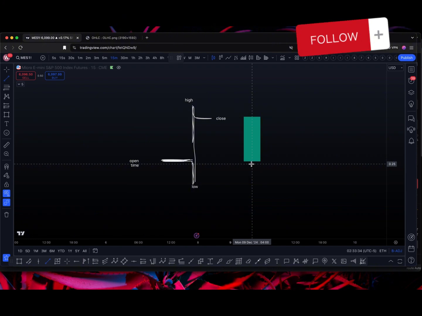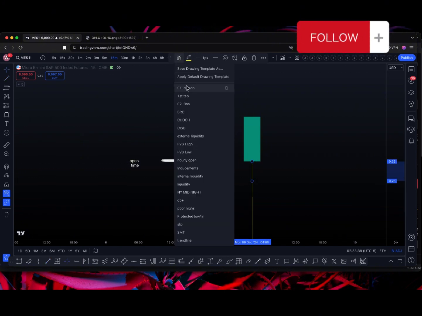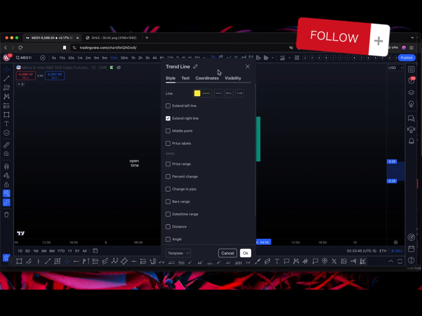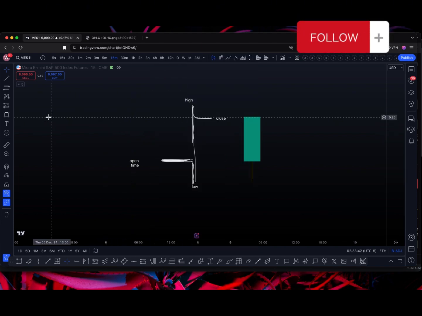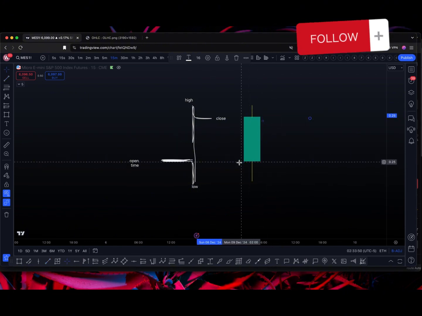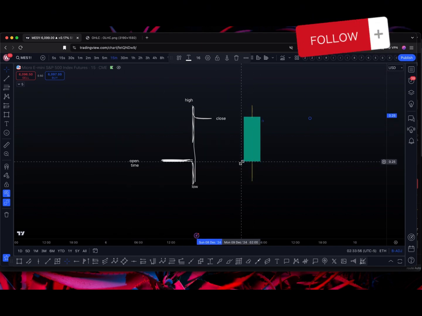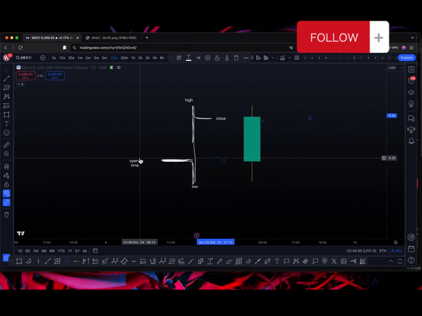So this is what it's going to look like visually. It will create a wick right here, then create the high. So you understand now. The opening time is whatever time you're looking at. For example, if you're looking at 15 minutes, it will open at the beginning of every 15 minutes, come down, create the low.